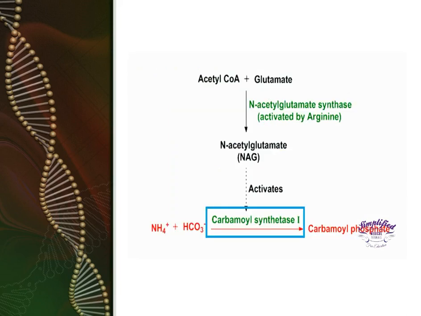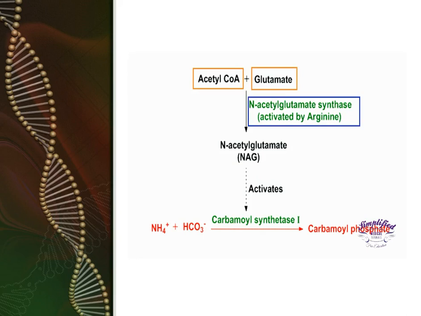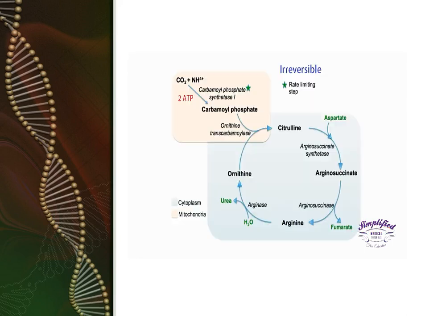Carbamoyl phosphate synthetase 1 requires activation by N-acetyl glutamate, which is the positive allosteric activator of this enzyme. N-acetyl glutamate is synthesized from acetyl coenzyme A and glutamate by N-acetyl glutamate synthase. So this step consumes 2 ATP and is said to be an irreversible and rate-limiting step of this cycle.